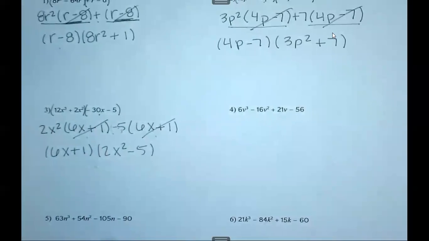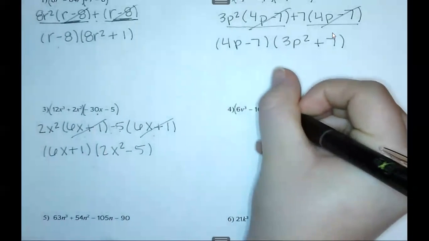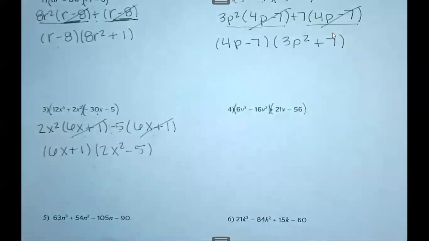All right, let's do it again. So on number 4, we got to make our groups. All right, and then we need to pull some kind of a GCF out of our first group. So in that first group, what number would go into 6 and 16? 6 won't go into 16, but they are both even. 2 will go into both of them.